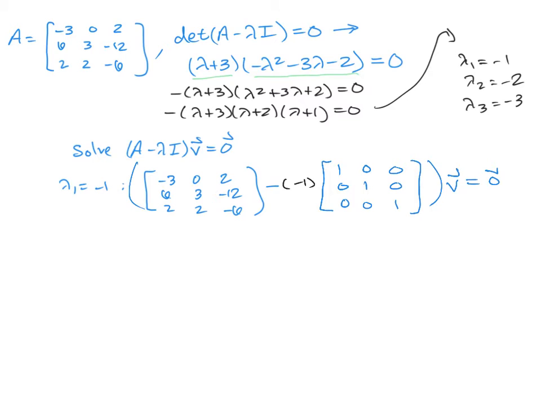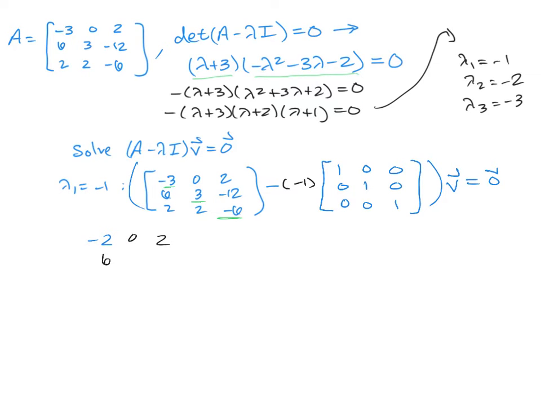Now, just like before, when you subtract a negative 1, that's the same thing as adding a 1. So we're just going to be adding a 1 to the main diagonal of the matrix A. Each of these diagonal entries is going to be increased by 1. As a result, negative 3 plus 1 makes a negative 2, but the 0 and 2 stay the same.